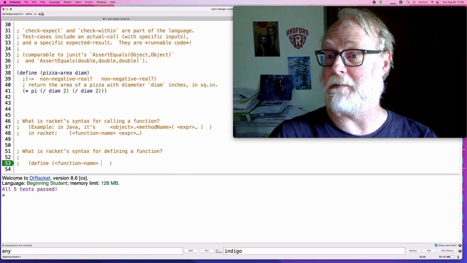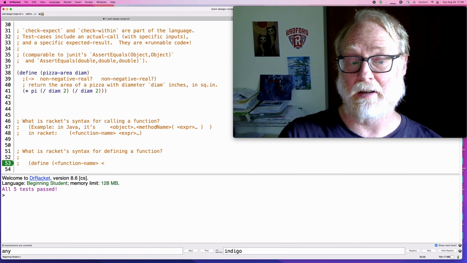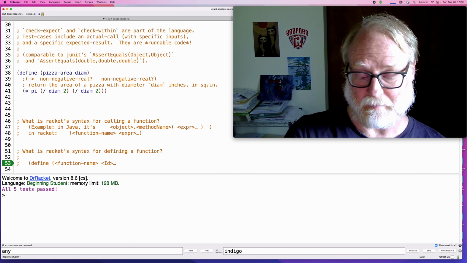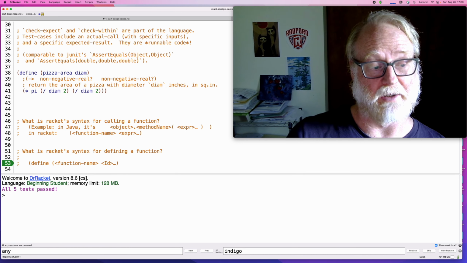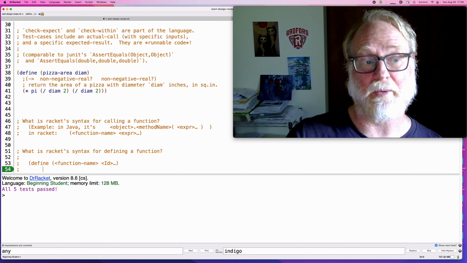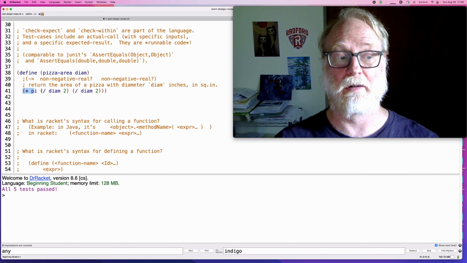You can probably guess if you have multiple parameters, you put them all here. What is a parameter as far as Racket goes? Any identifier. Okay, so define function name there, and then we can go ahead and have, what do we have? One single expression.